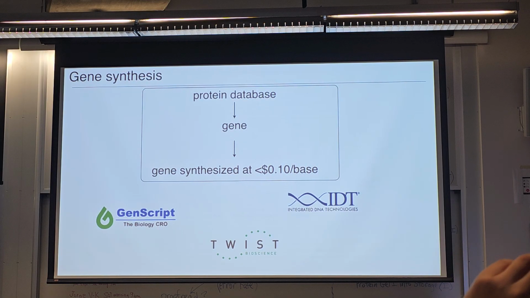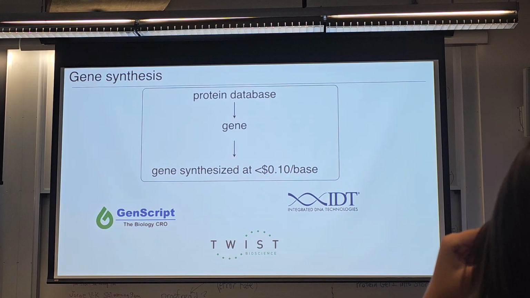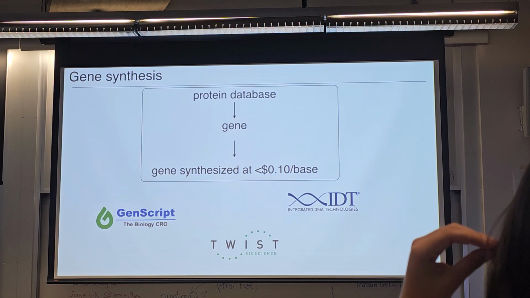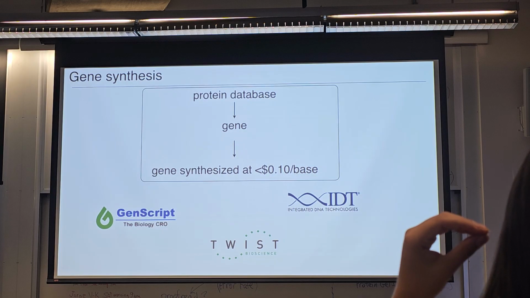Now, instead of getting that king crab to clone its DNA polymerase, you would go to the king crab genome on the government websites, find the protein that you're interested in, and then you convert that protein into a gene, and then you type out that gene on your computer, send it away, and a few days later that gene would arrive. So this concept of gene synthesis really cut into my travel time for going to hot springs.